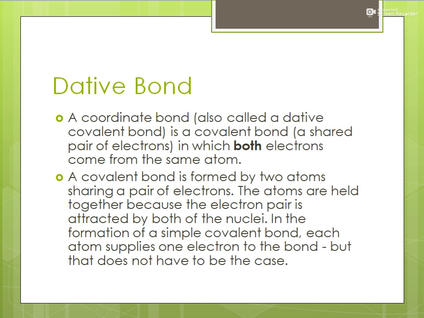Now, a bond similar to the covalent bond, as we have already discussed, is the dative bond, in which the sharing of electrons does happen, but the electrons are contributed by only one atom. That is the way in which a dative or coordinate bond is different from a normal covalent bond.